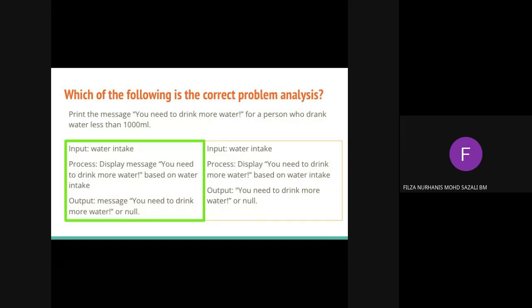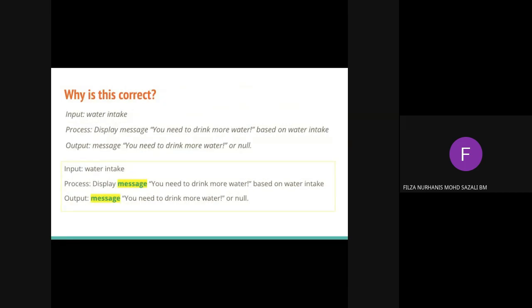Kena include the message. Macam ni lah. Okay. So this is the example. So you have to write the message. Okay, because when it comes to displaying or printing a message, you will always have to write message before you write the text. Okay, the reason why I remind this is because I saw a lot of you guys did not write the message when writing down the problem analysis.